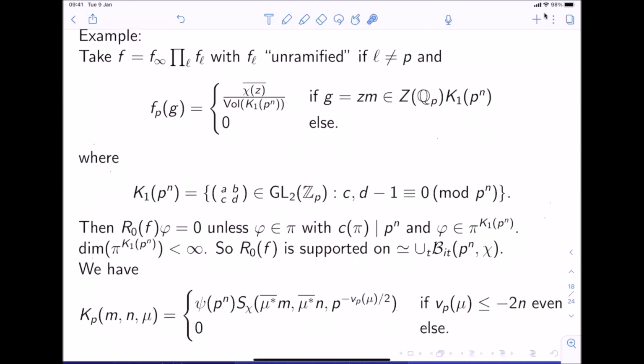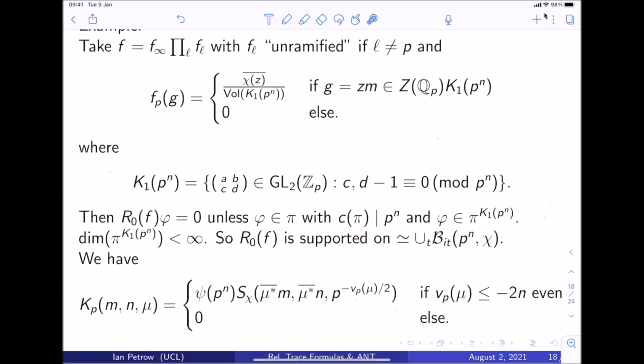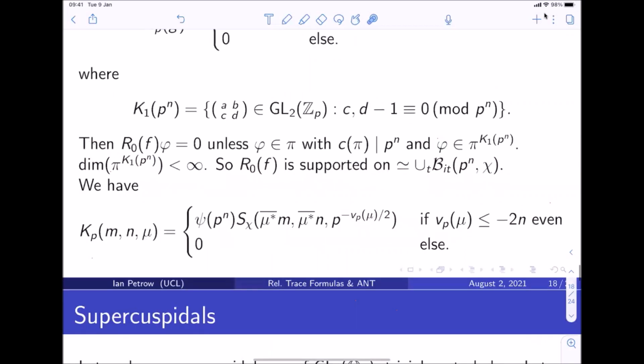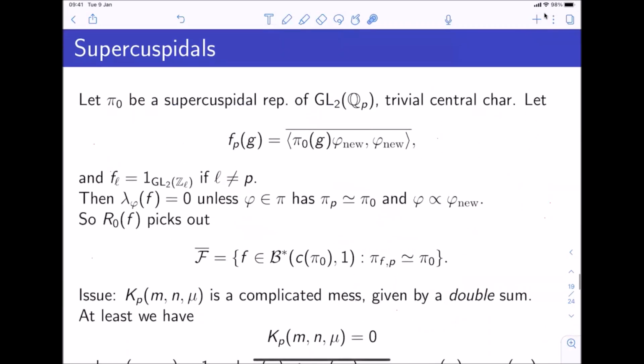So here, these are all going to vanish unless the conductor of my representation divides P^n, if I plug P^n in here. And in that case, I get, again, this Kloosterman sum, but the fact that this Kloosterman sum is vanishing in a much wider range of mu's gives me the condition that c is equivalent to 0 mod P^n in the classical Kuznetsov formula.